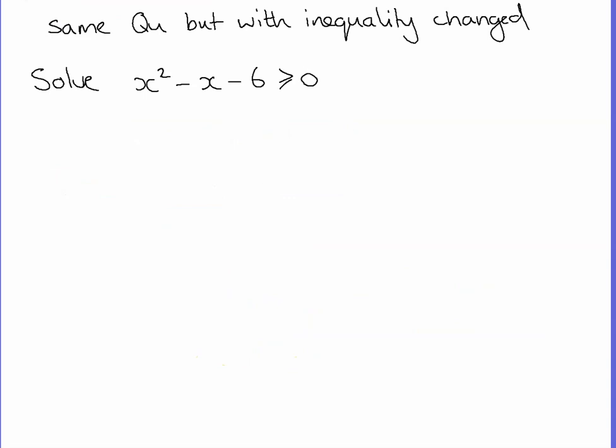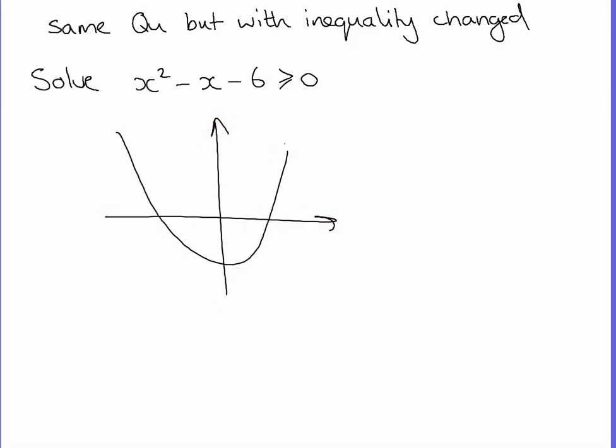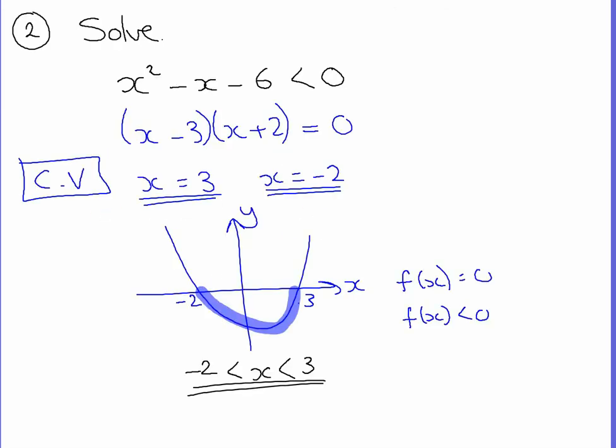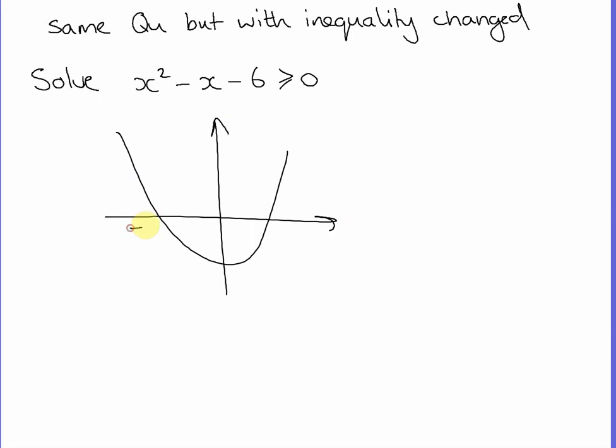This is the same question, but with the arrow pointing to the right. So if you remember, my sketch was, let me just check it, -2 and 3. And now we want where this function is greater than or equal to 0. So it's equal to 0 on the line, y equals 0, and it's greater than 0 above.